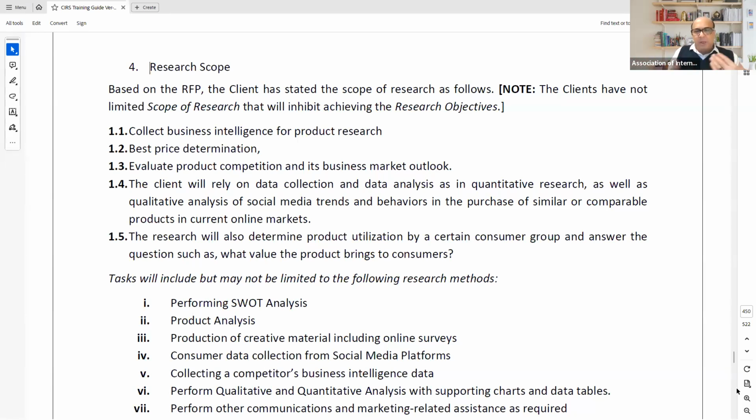The data is expensive. A lot of times when we are doing research scope or we are giving proposals relating to the cost of acquiring the data, there are two major costs in research work. One is human resource, second is the data cost.